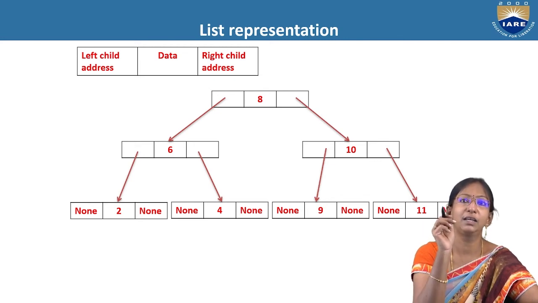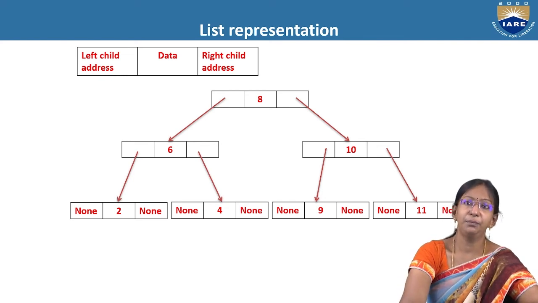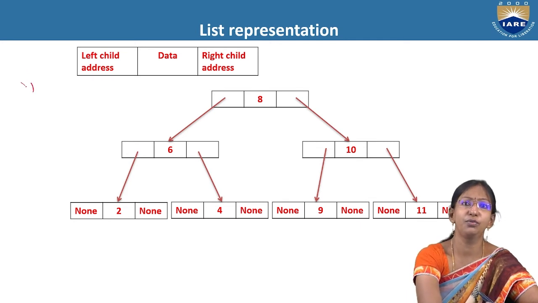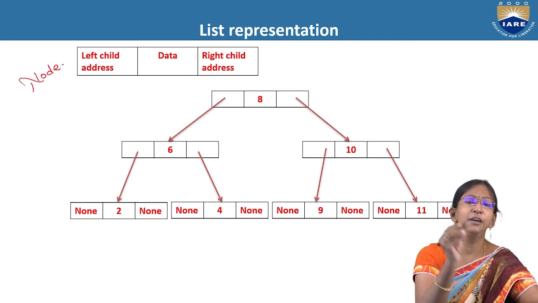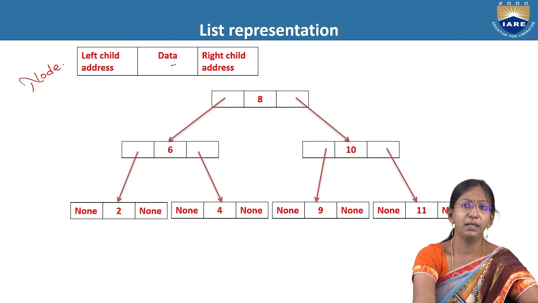We can use a linked list. As I have shown previously, a double linked list can be used to represent a binary tree, right? And this is the structure of a node. Every node will have three parts. The center part will be a data part which holds the data.